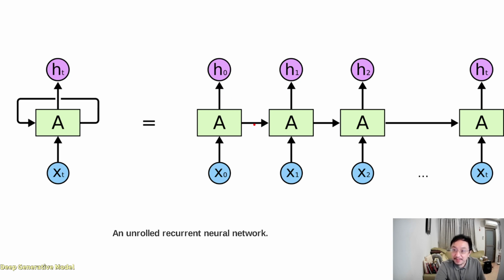The other output is a special one, which is the state output. This state output is used as the input of the next iteration, or the next step.